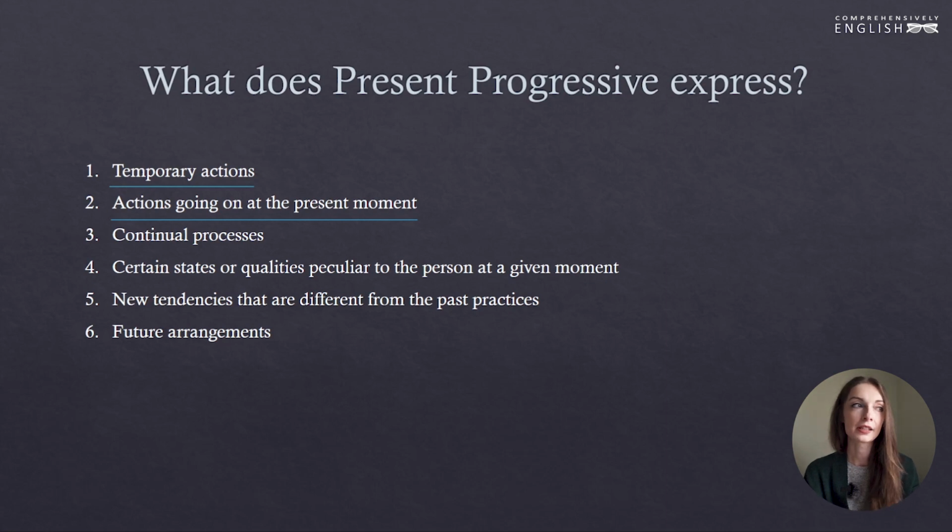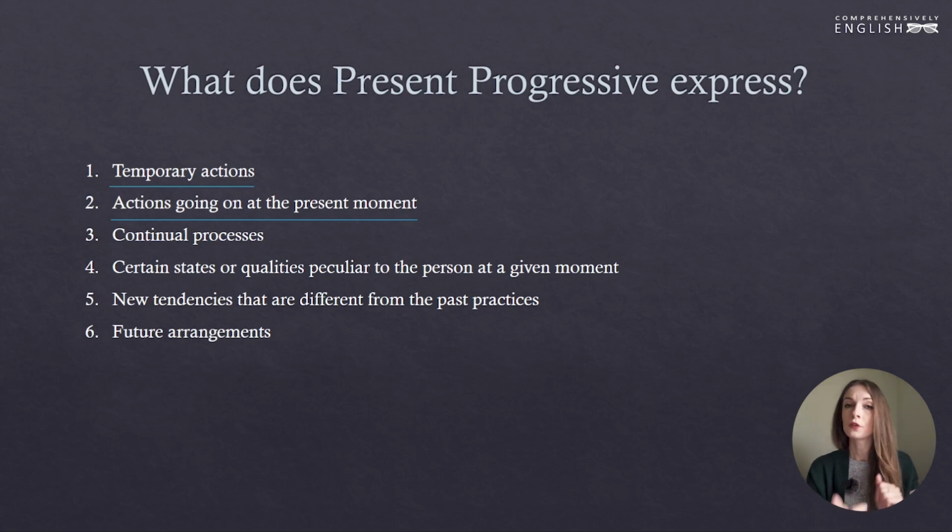Again, I underlined number 1 and number 2 because these are the majority of cases in which you will use the present progressive tense to speak about temporary situations and things that are going on right here, right now. Though you will also use this tense to speak about tendencies. For example, our company is becoming more and more powerful or more and more influential in the market. You want to stress the tendency, or the direction in which your company is going.